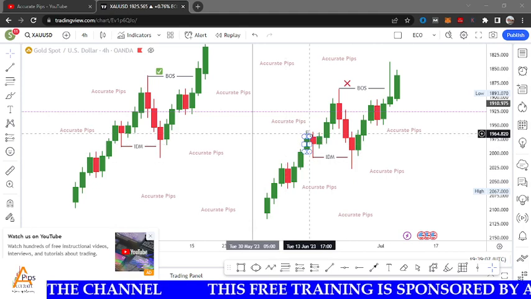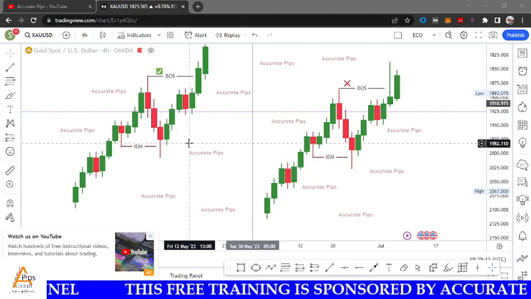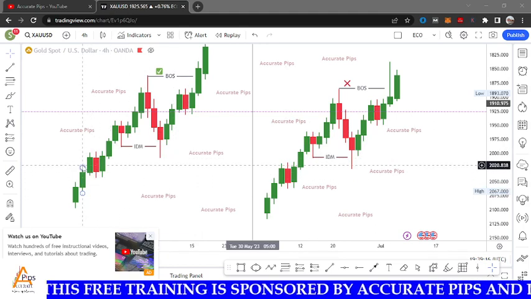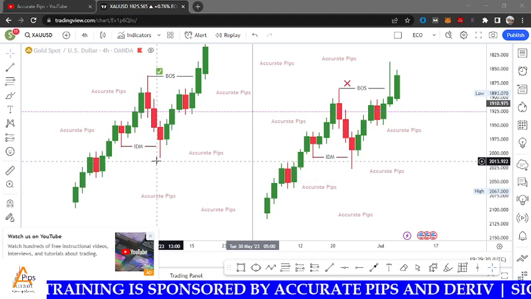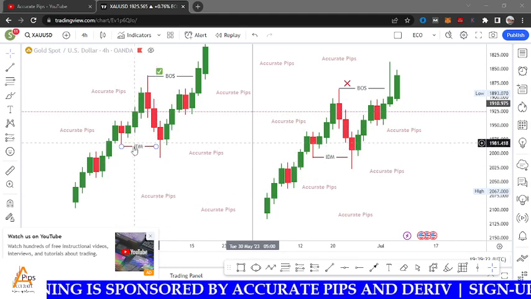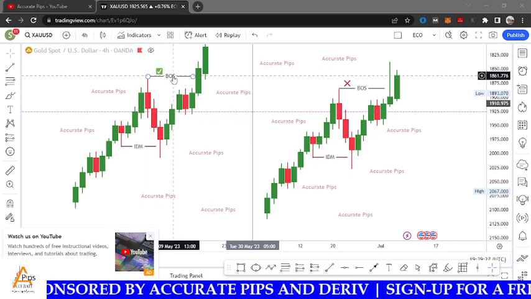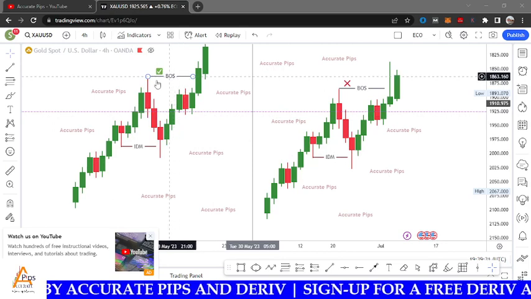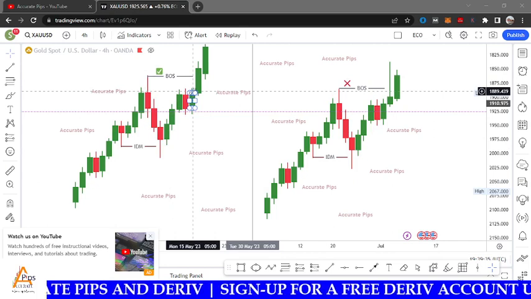All right, so now what we are looking at here is a combination of what we learned last meeting and a new addition known as this IDM and BOS. Now how do we know if these particular movements are valid or invalid?